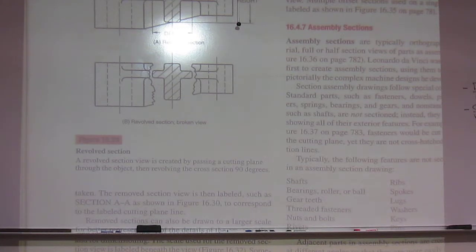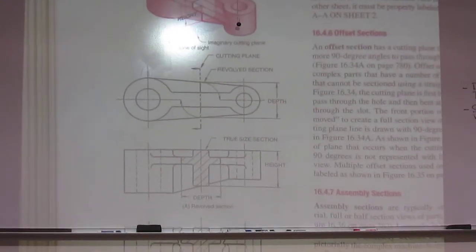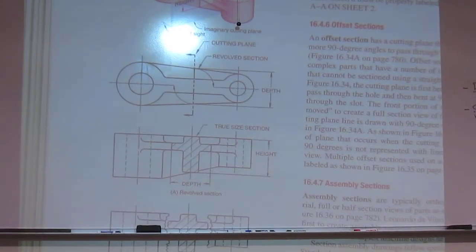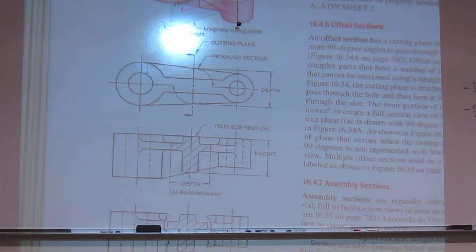Does a revolved section get a cutting plane line also? Yes, it does. Okay, so you're using both cutting plane lines. And remember with the revolve, we still show the standard phantom line cutting plane in the adjacent view.